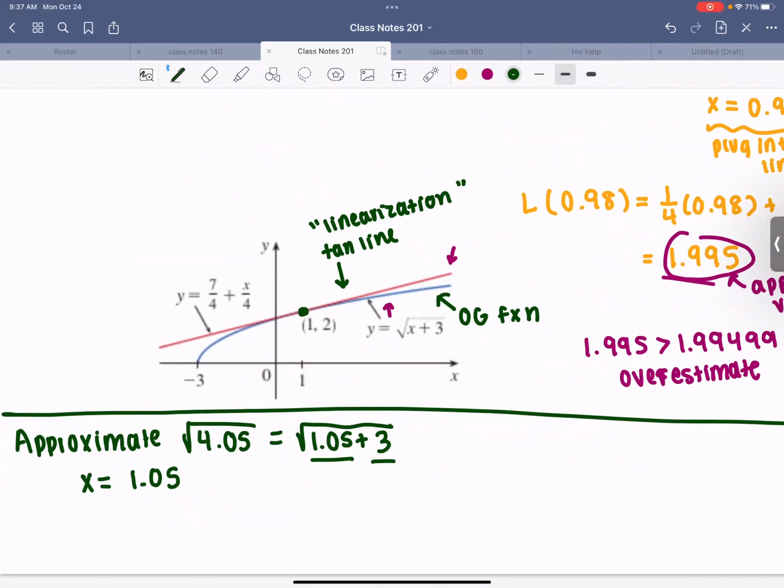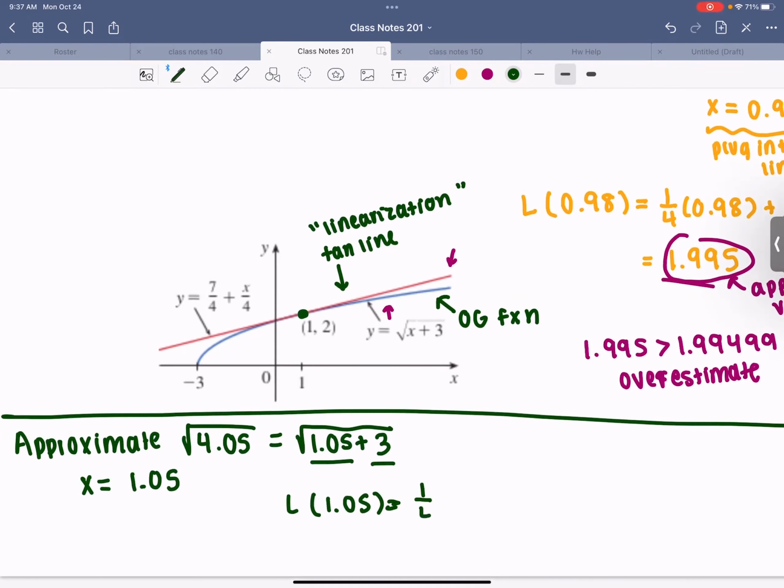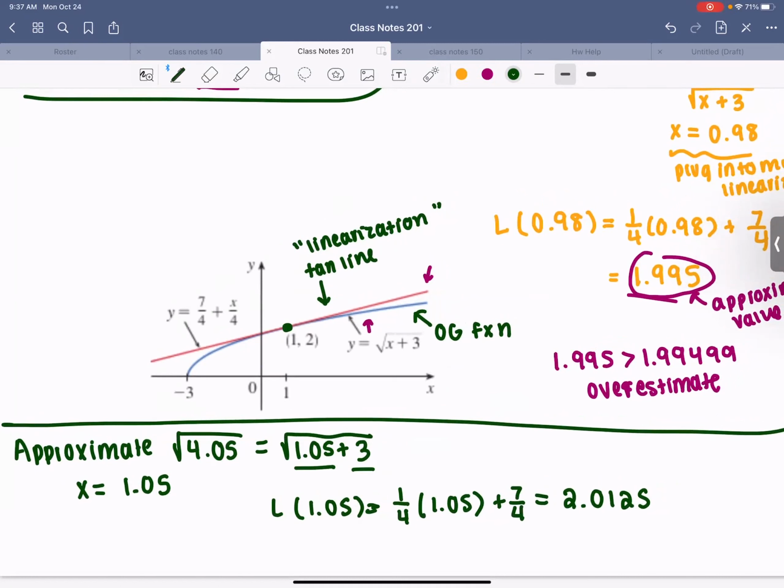Okay. So plugging it into my L function, that gives me 1/4 times 1.05 plus 7/4. And I'll save you some calculations here. I'm getting 2.0125. Okay. Let's compare that to what the square root of 4.05 actually is.